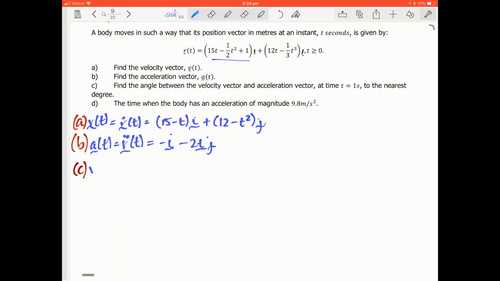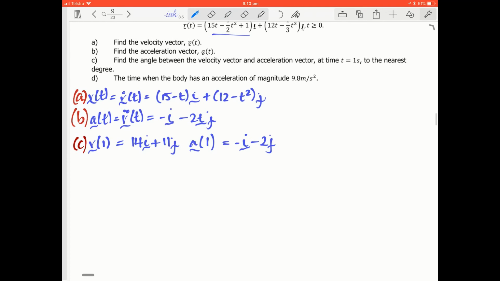So v of 1 is equal to 14i, and then plus 11j. a of 1 is negative i minus 2j.